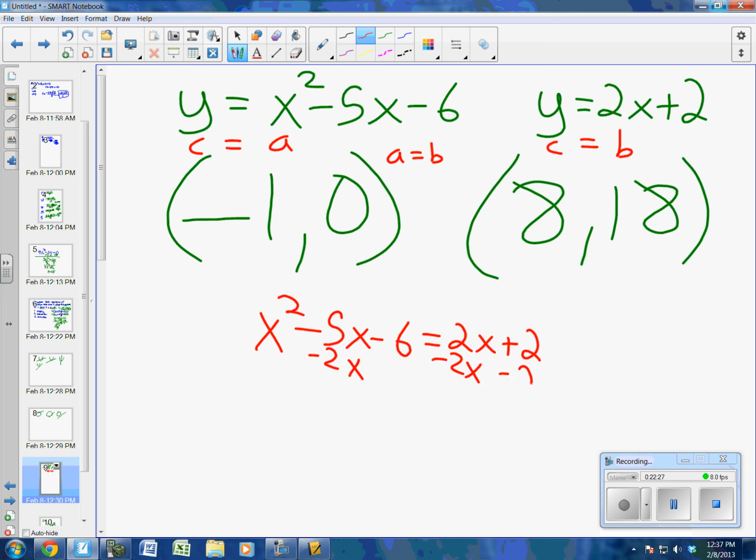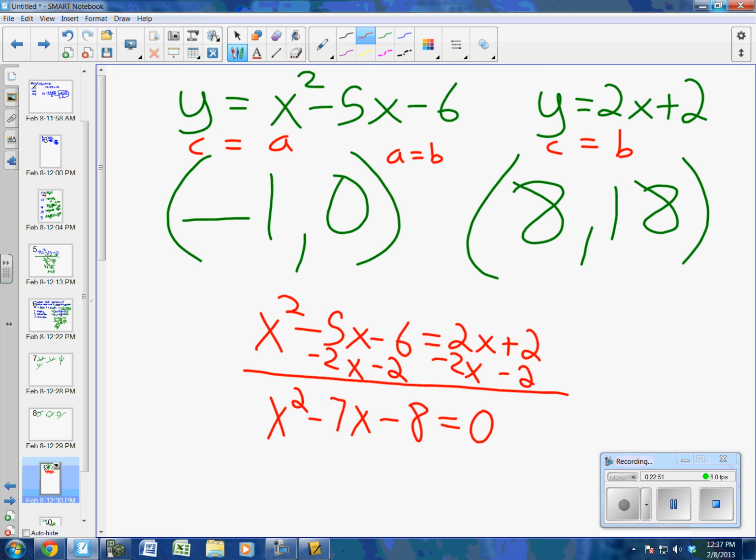And let's minus 2 from both sides. And that will set this thing equal to 0. So what am I going to end up with? x squared minus 7x minus 8 equals 0, because those are all going to be 0.